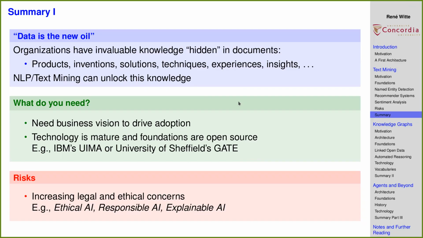If you want to do this in practice, in business, you need to have some kind of business vision. You want to know what exactly you are looking for. This is nowadays the much harder step than implementing it, because you'll learn how to do this later on in the course. You'll see the technology for at least this kind of intelligent system is very mature.